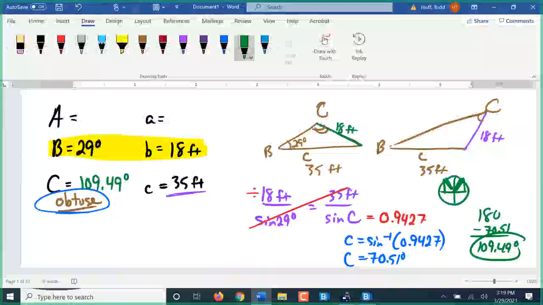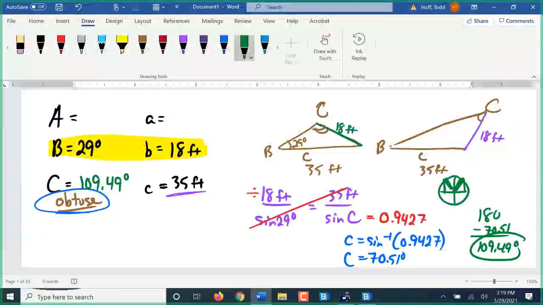If you know the angle is obtuse, once you do the inverse sine, the angle that you get with that calculation has to be subtracted from 180 to get the actual angle. Yeah. Two angles will be supplements. They will have the same sine. So if you said that C was acute, then it just would have been 70.51.